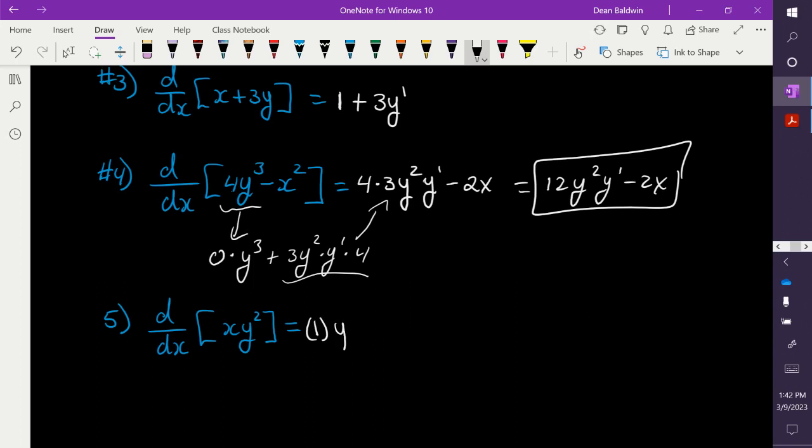Times the other function, which is y squared. Plus, now you do the derivative of y squared with respect to x. What's the derivative of y squared with respect to x? 2y times y prime. Times the first function, which is x.